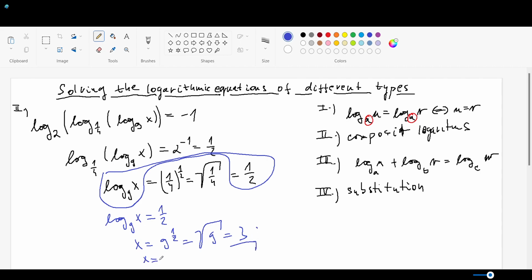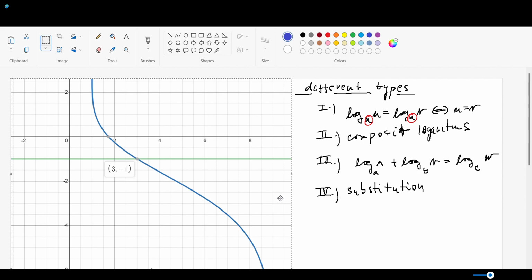So x is equal to the number 3. Let me just remind you of the graphical representation of this equation, which is this one, and it means our solution is really correct.